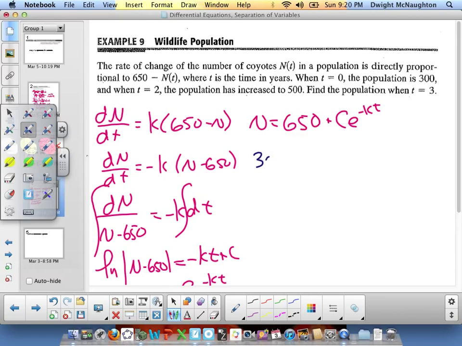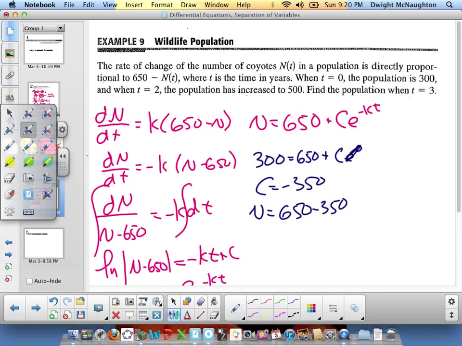So we'll stick 300 in for n, 0 in for t. We end up with 650 plus c e to the 0. E to 0 is 1, so it's really 650 plus c. So c is negative 350. So n equals 650 minus 350 e to the negative kt.